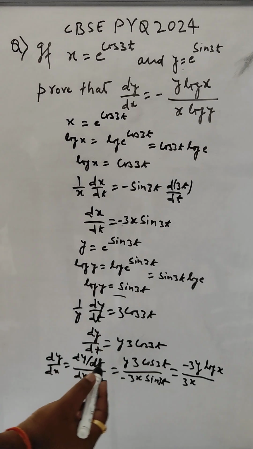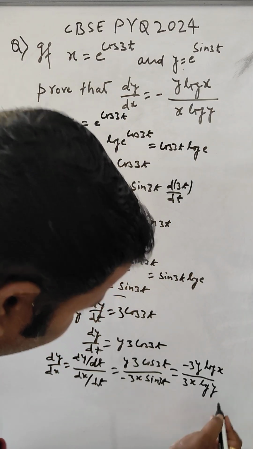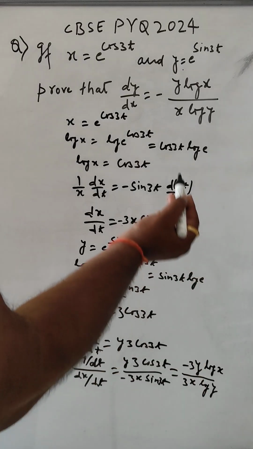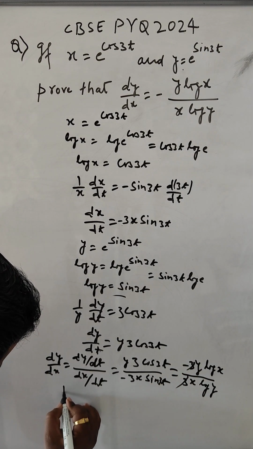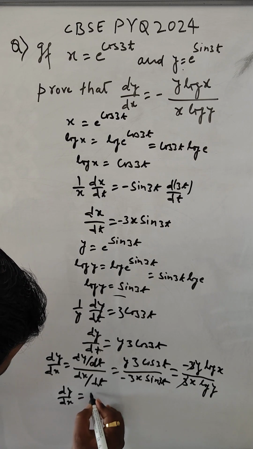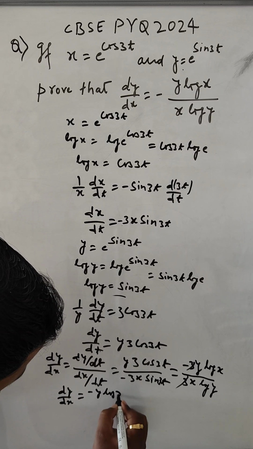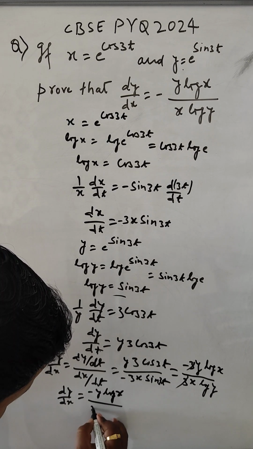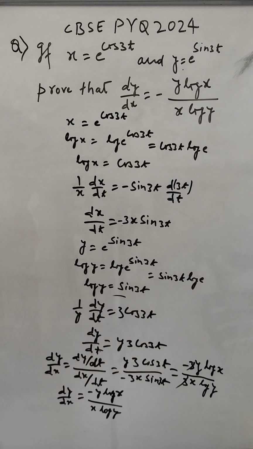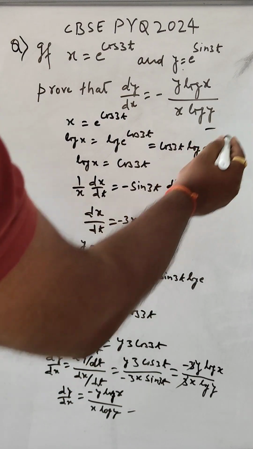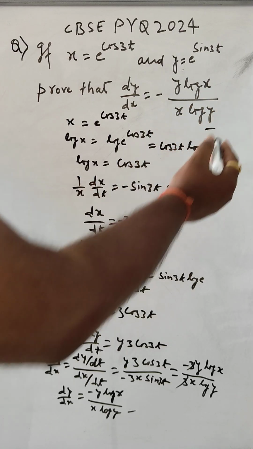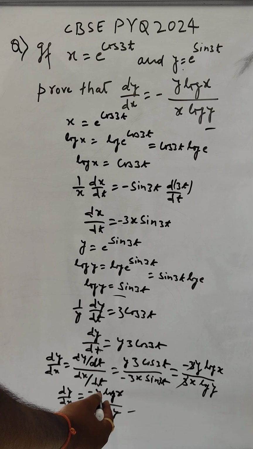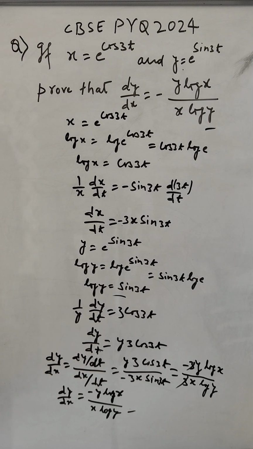Now this 3 will get cancelled. So dy by dx is equal to minus y log x divided by x log y. So we got this answer, which is what is expected.